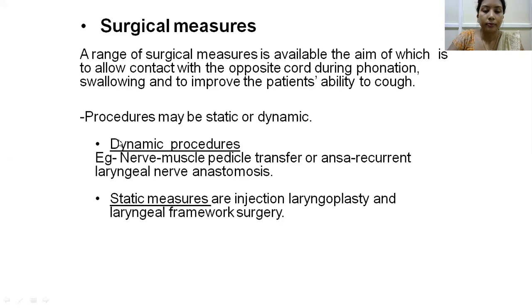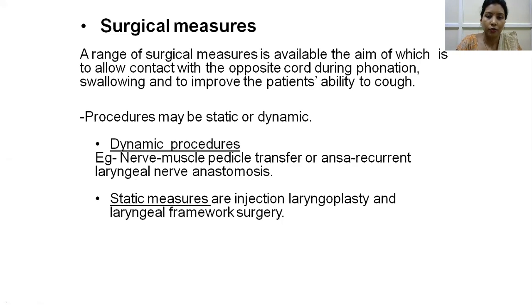Dynamic procedures not only reposition the cord, but this paralyzed vocal cord tends to develop some amount of range of motion. Static measures which we use are laryngeal framework surgeries or injection laryngoplasties, and dynamic procedures will be nerve to nerve anastomosis or nerve to muscle pedicle transfers, which we will discuss going further.